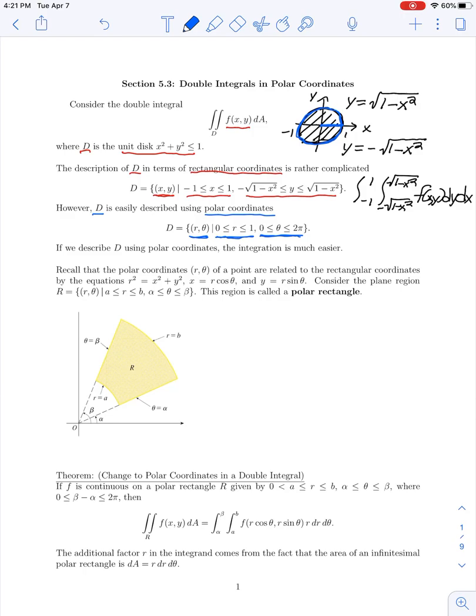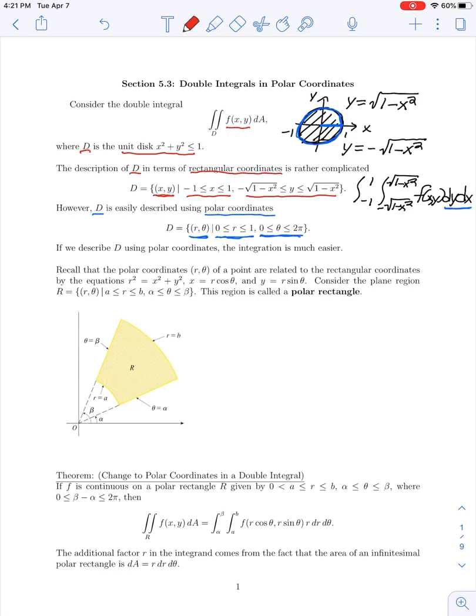So let's see how we could integrate a function of two variables over such a region, making use of the polar coordinates r and theta instead of rectangular coordinates x and y. So now that we're talking about polar coordinates, let's give a little review since we haven't seen this in a while.